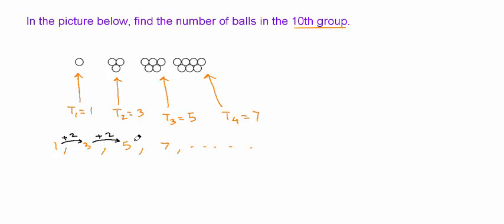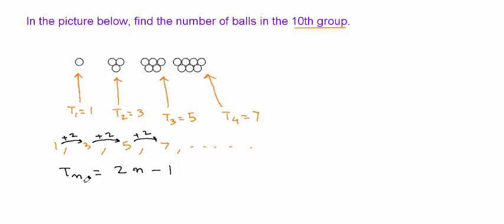Or you could also say that we just have the set of odd numbers, 1, 3, 5, 7, and so on. Or maybe you could have said Tn is equal to 2n minus 1. When n is 1, the first term is 2 times 1, which is 2, minus 1. That's 1.